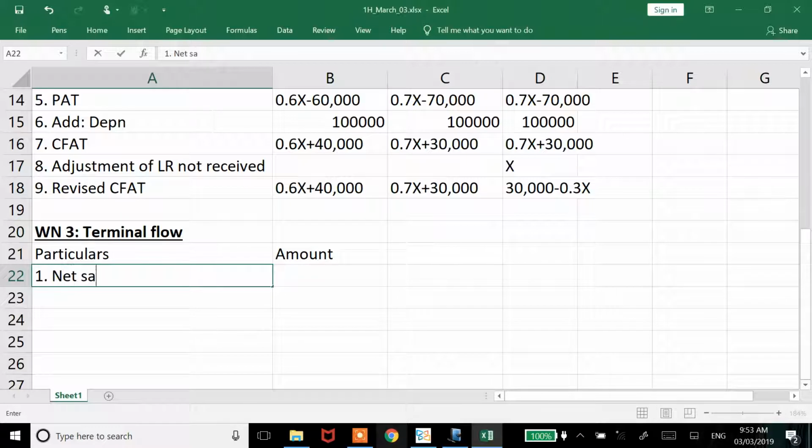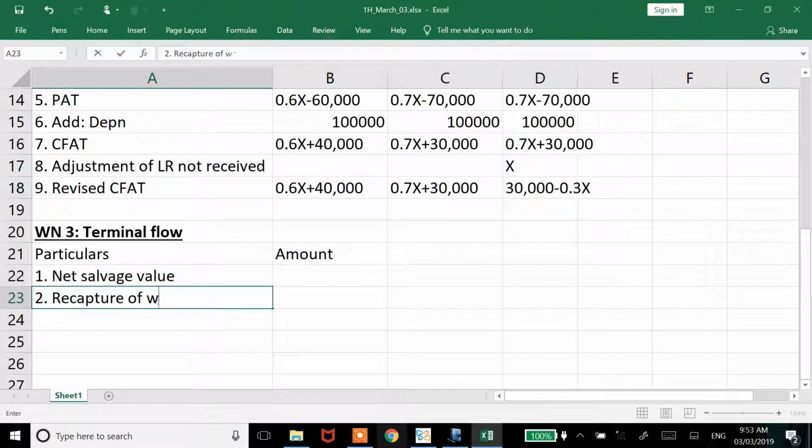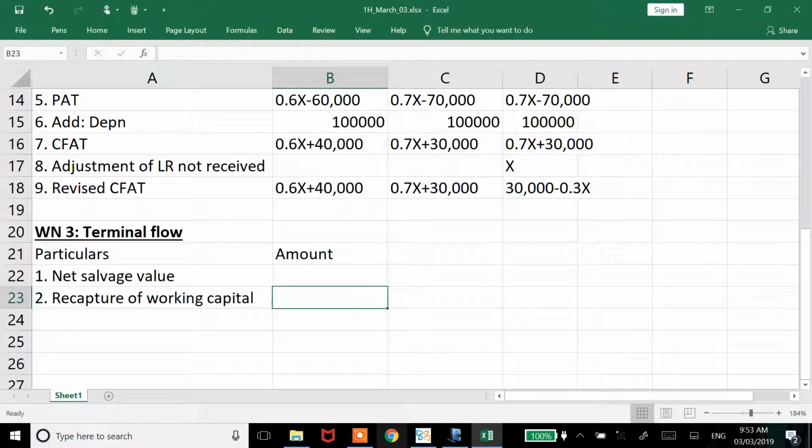Net salvage value. Recapture of working capital. Net salvage value and recapture of working capital.